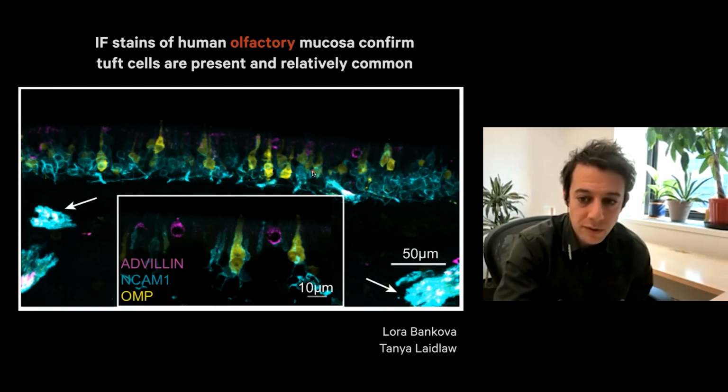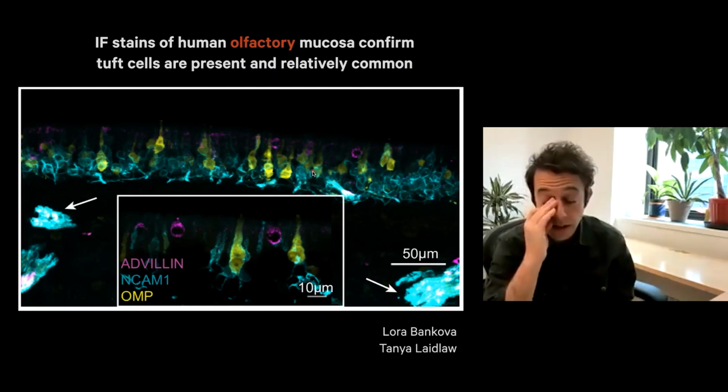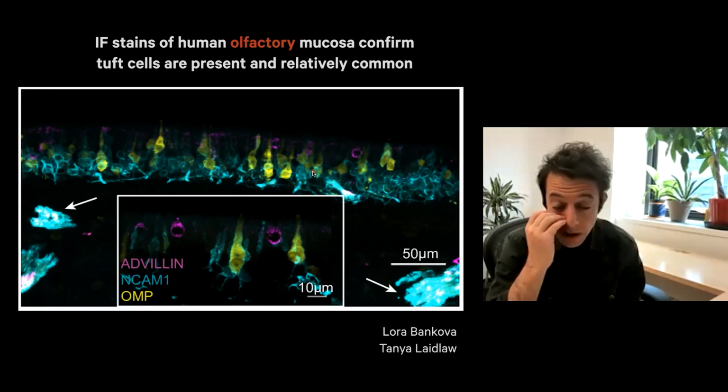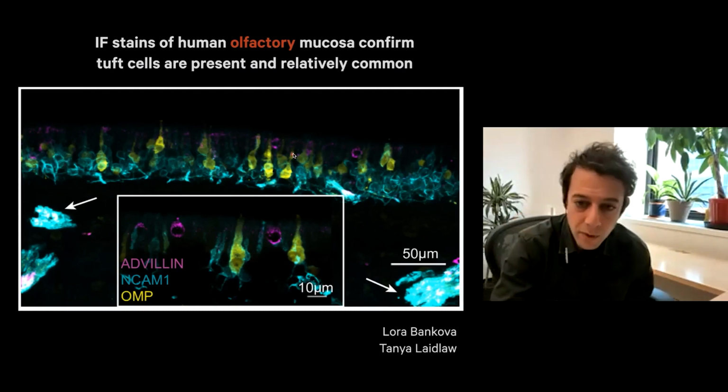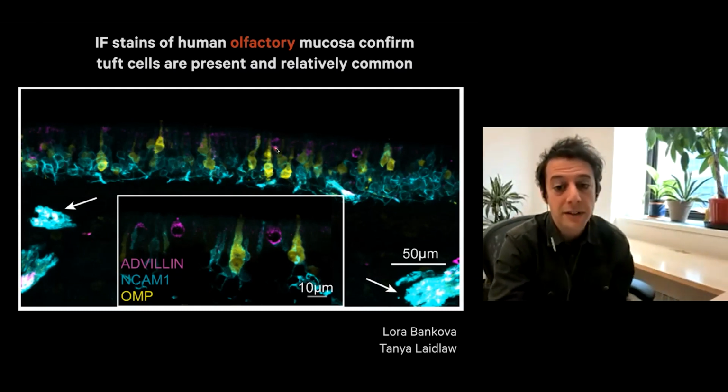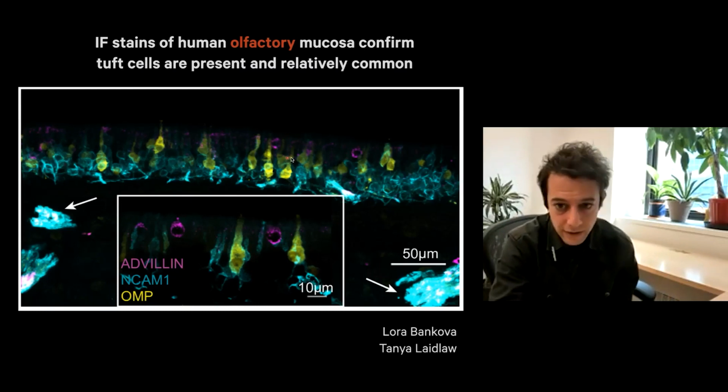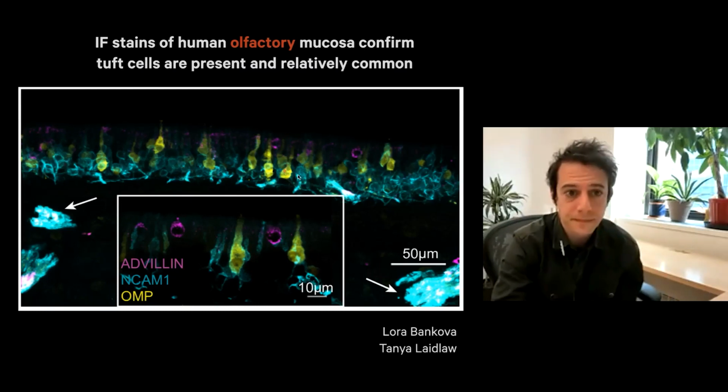So this is a really beautiful stain showing the cellular diversity of the human olfactory mucosa, but also importantly that these advillin positive tuft cells are really there and not super rare.